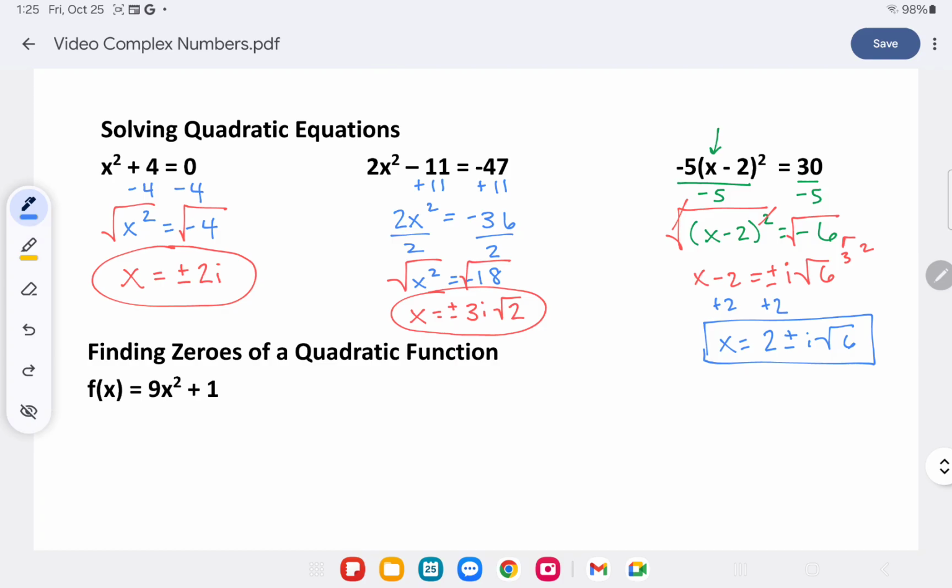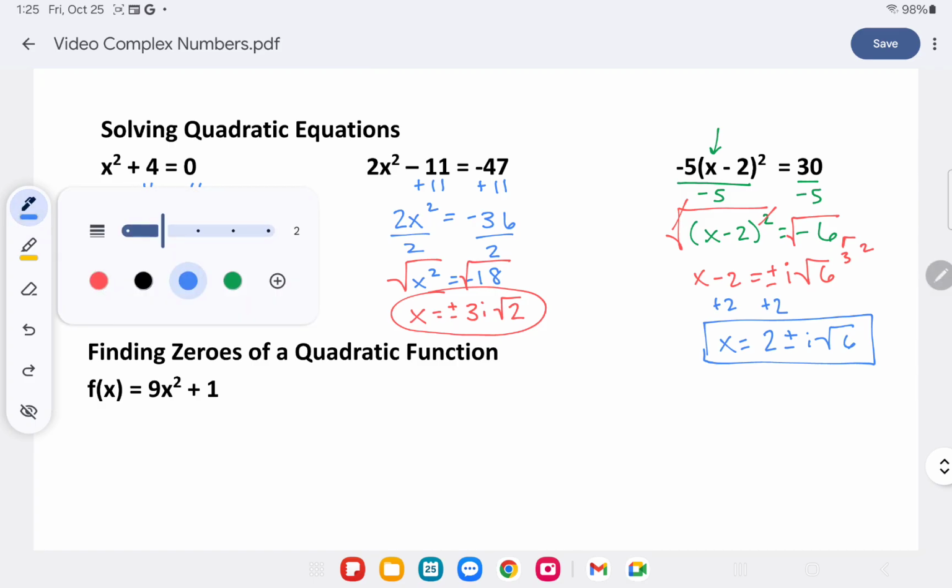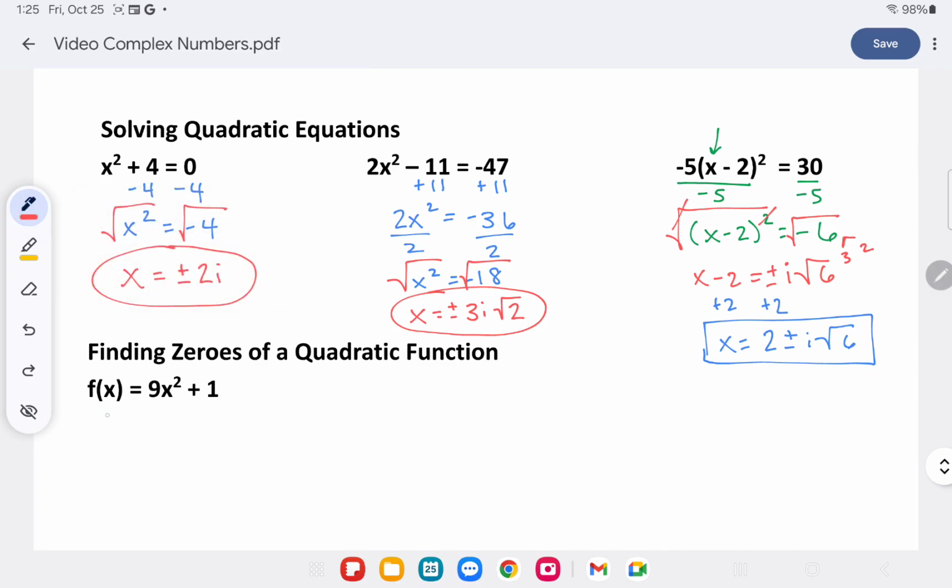Another thing I want to point out is that if it says we're finding the zeros of a quadratic function, that's the same thing as finding the x-intercepts or finding the solutions. It just means we're going to be plugging in a 0 for the y, and then we're going to solve just like we've been doing. So we substituted a 0 there so that we're finding the x-intercepts. If I'm going to solve to get x by itself, I'm going to subtract 1 first.